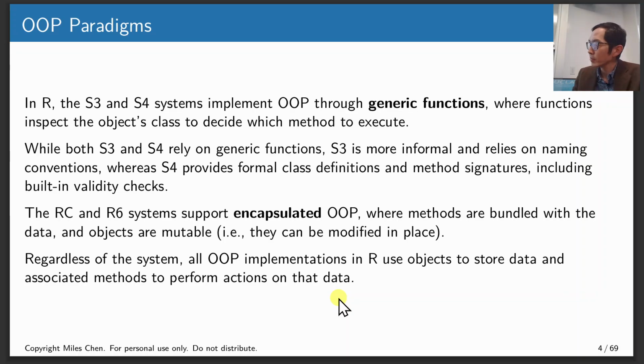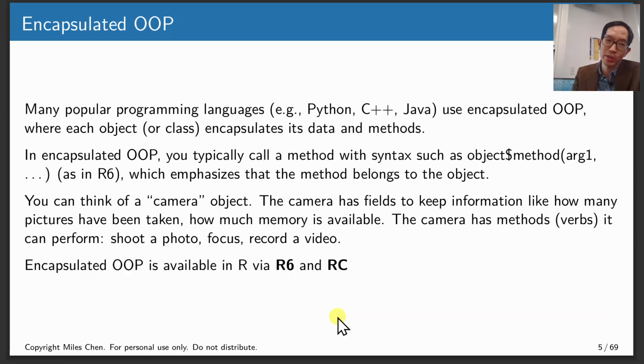The RC reference class and R6 use encapsulated object-oriented programming, and those objects are mutable, so they can be modified in place. We'll get into all of this. The encapsulated OOP systems are what's used by a lot of other programming languages like Python, C++, and Java.